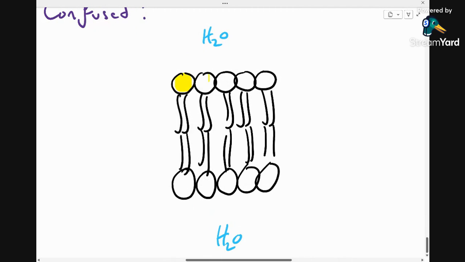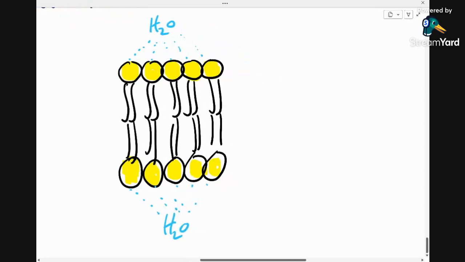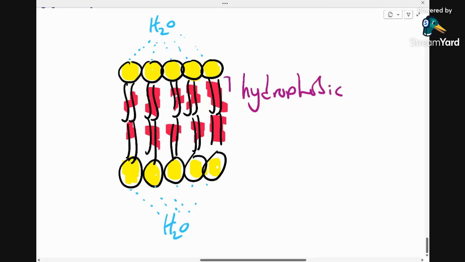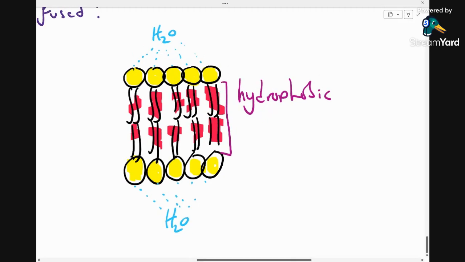The answer is the phosphate heads. It is these guys that are going to be interacting with water. Same down here. In the middle here, the tails, these are hydrocarbon tails, they're fatty acid tails. We are therefore very hydrophobic. So no water, right? Hydrophobic in here. So this whole bit is hydrophobic. Of course, the phosphate heads are hydrophilic.